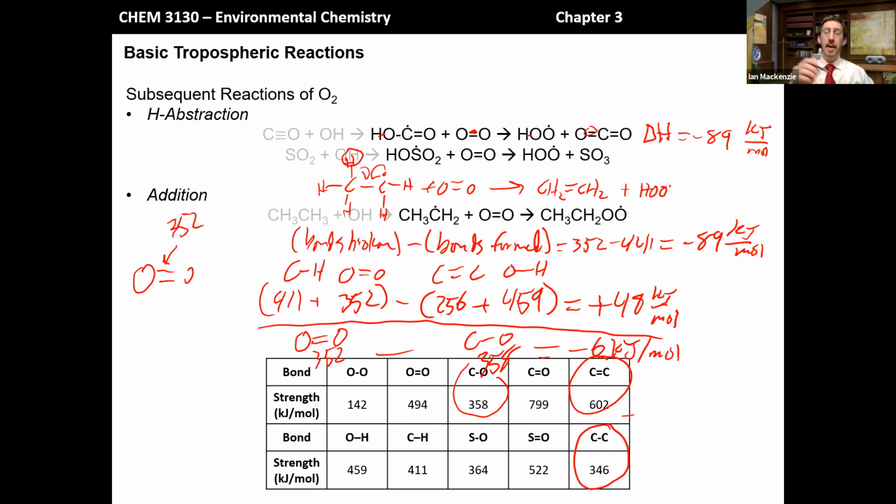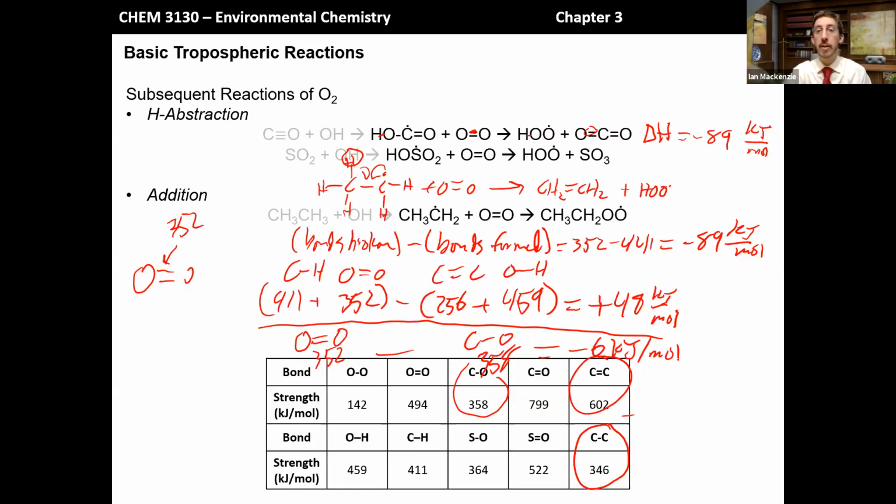But if I compare that to the abstraction reaction, I can see that the addition process is definitely more favorable. I did the analysis for the abstraction in the top reaction, and I could do the same analysis fairly quickly for what I would get if I did the addition process there, if I added O2 to that. And I would find that the abstraction process is more favorable.